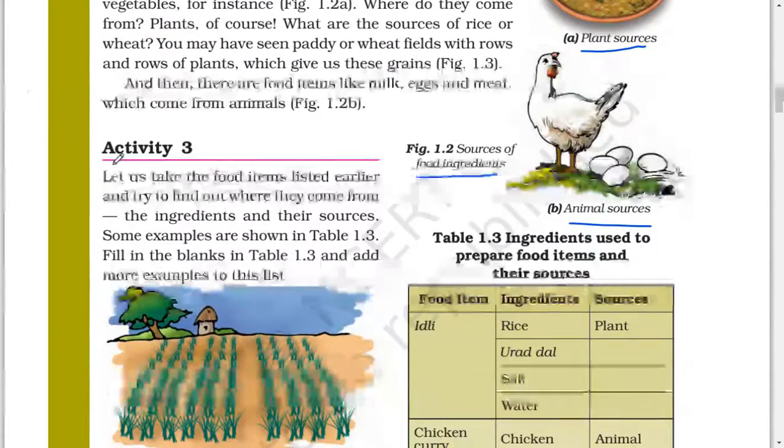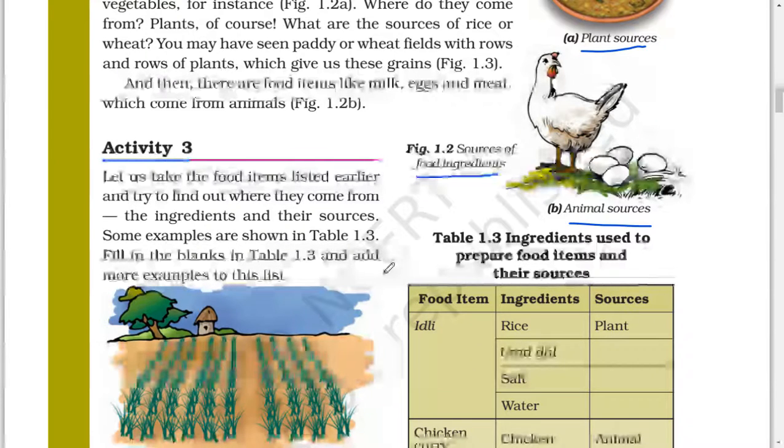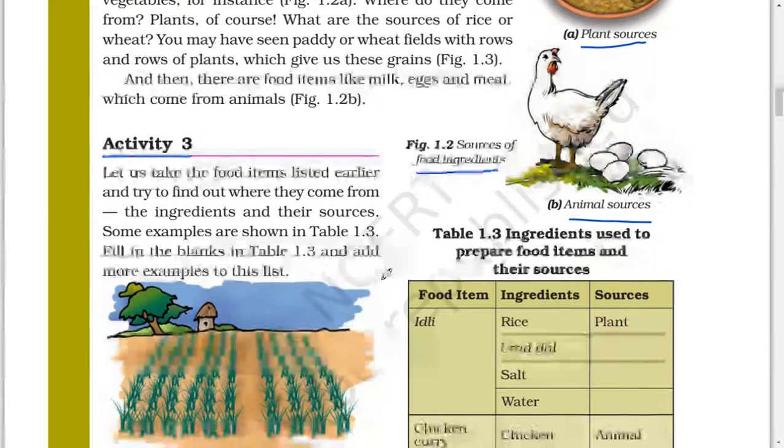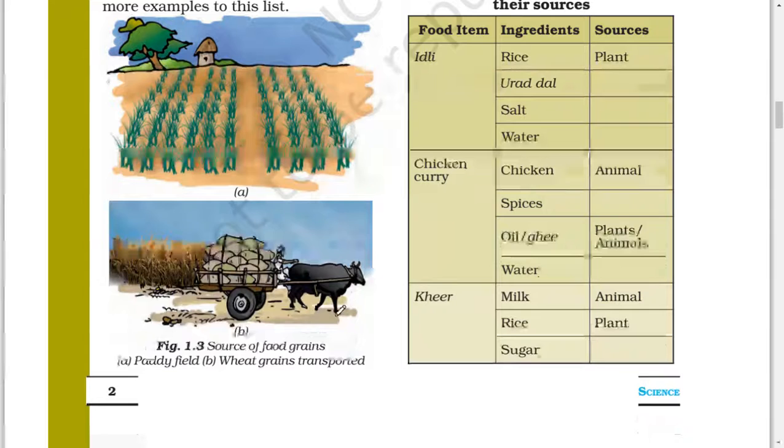Next, activity 3. Let us take the food items listed earlier and try to find out where they come from, the ingredients and their sources. Some examples are shown in table 1.3. Fill in the blanks in table 1.3 and add more examples to this list. Sources of food grains.